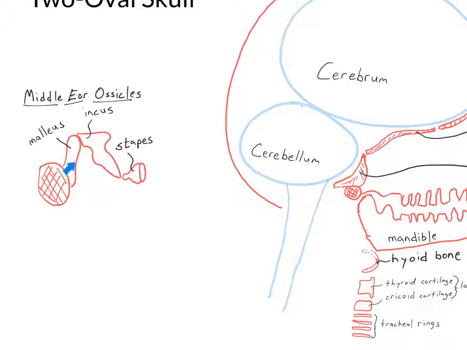They're the three tiniest bones in the body that form a little chain carrying vibrations of the eardrum through the middle ear cavity to the inner ear, where those vibrations are then picked up by the cochlea and turned into sound information that our brain can interpret. So those three middle ear ossicles are the malleus, the incus, and the stapes.